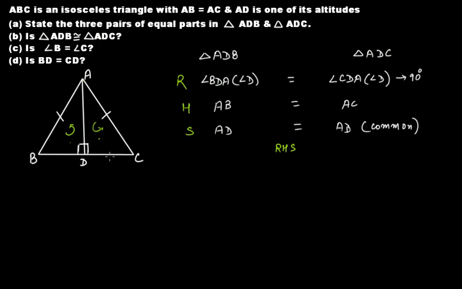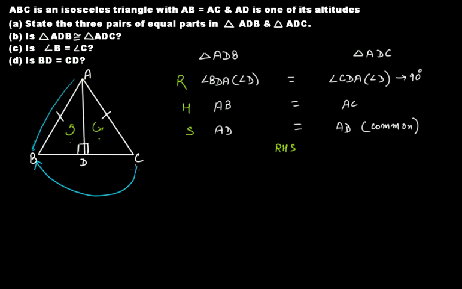You can clearly see that this AC will fall along AB. So this vertex C will fall on B, AC will fall along AB, and AD is common. So it will completely superpose triangle ADB.